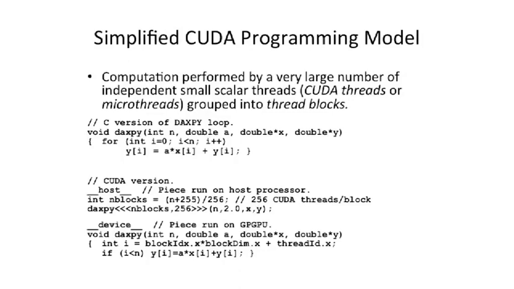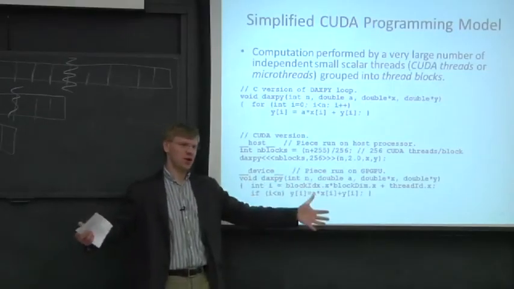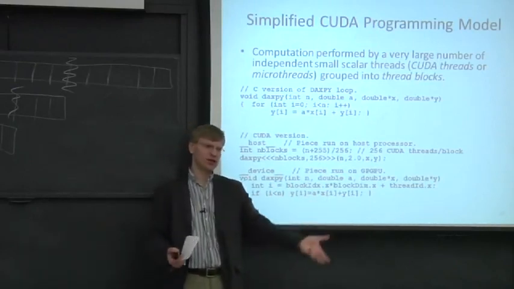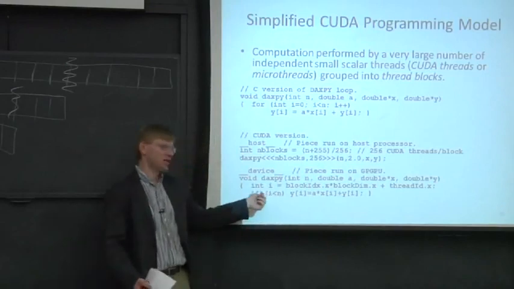And then this if statement here is the moral equivalent of our strip mining loop. So this says if we get above however much work we're trying to do, don't do any more work. So we can block it into some number of threads, and then we can pass in n, where n is the amount of work to actually do, or the length of the vector, and check that along the way.